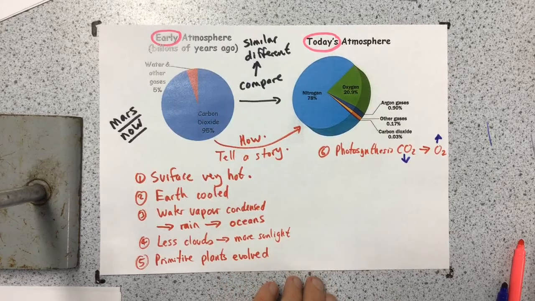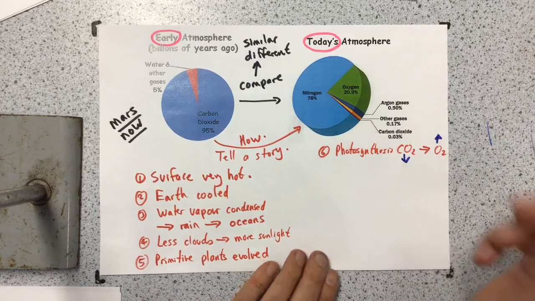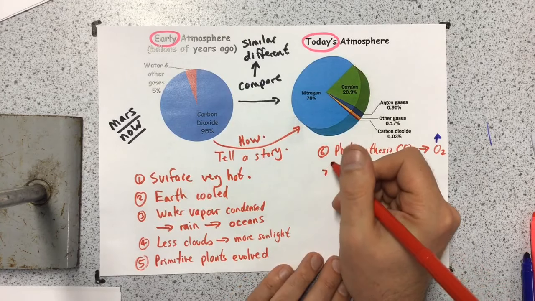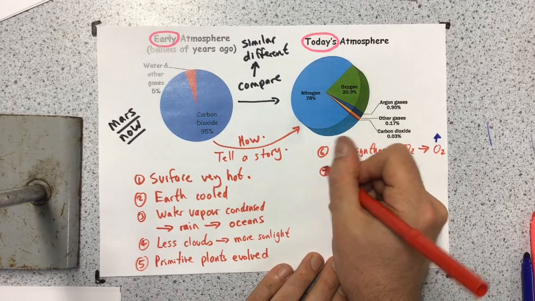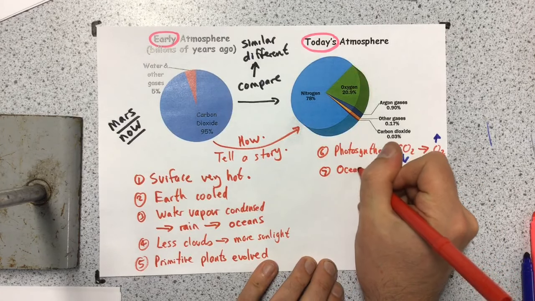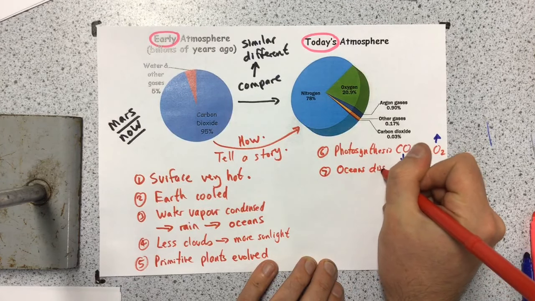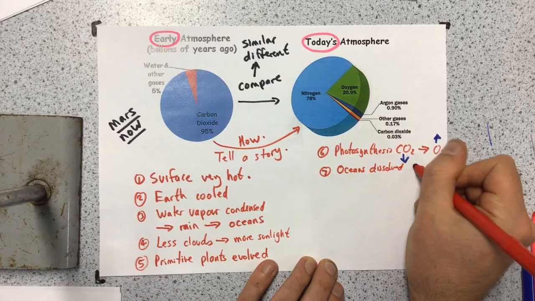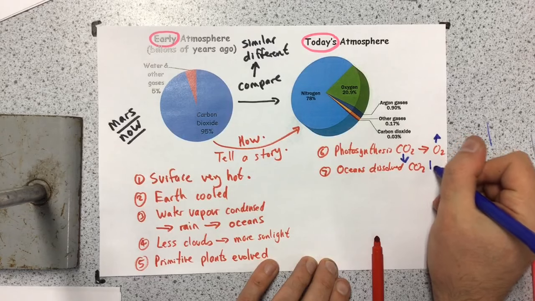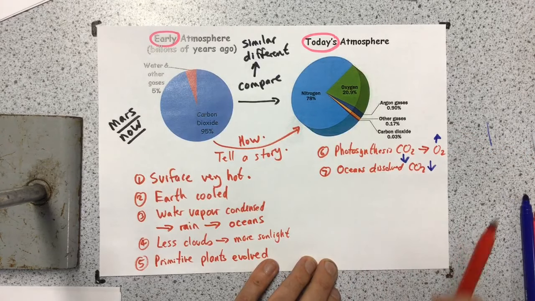Okay? Now, lots of other things go on at the same time. What also happened is that the oceans dissolve carbon dioxide. So that also meant the carbon dioxide levels went down.